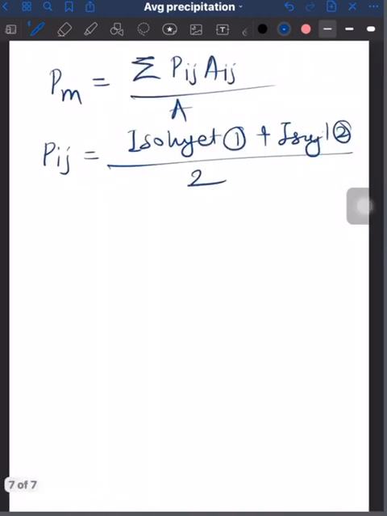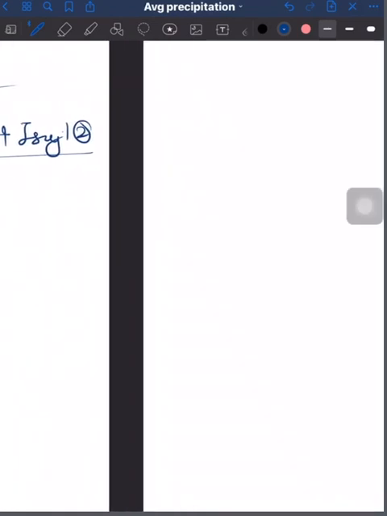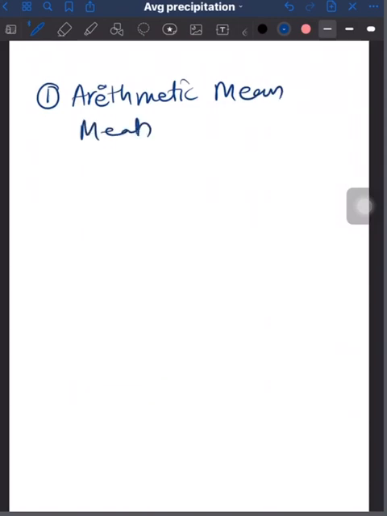Now if we want to compare the three methods, how they are progressing: basically the first method, which is the arithmetic mean method, is a simple method, not taking into consideration the representative area, not taking into consideration the topography.